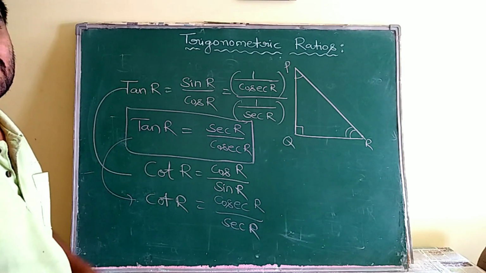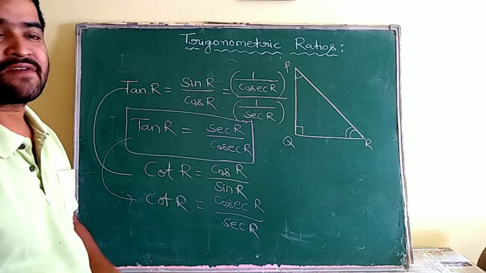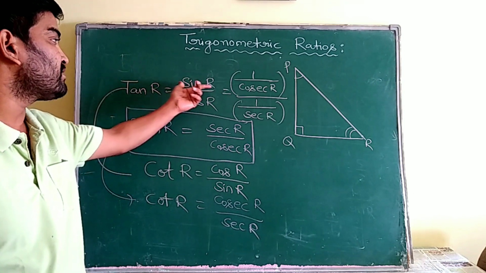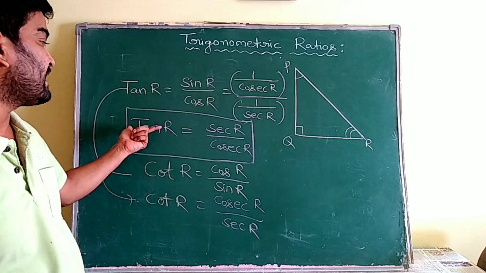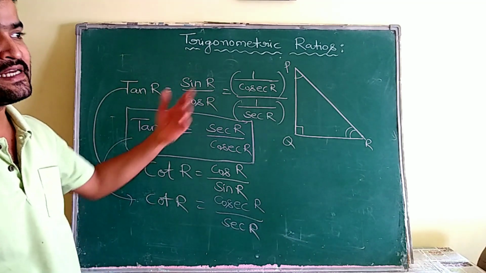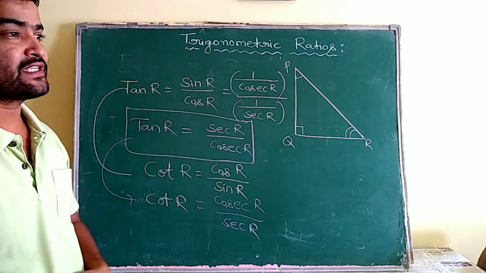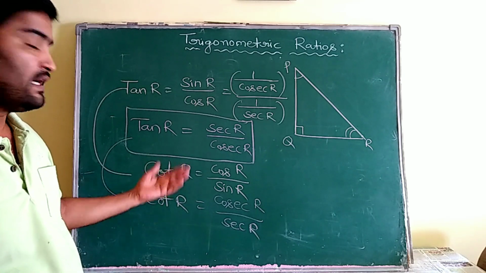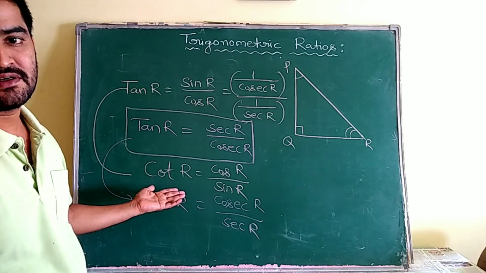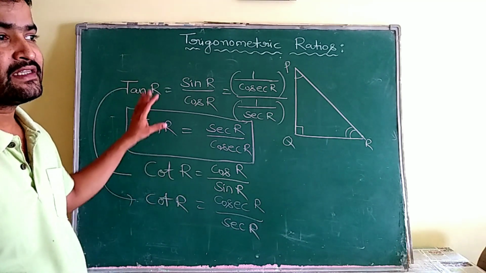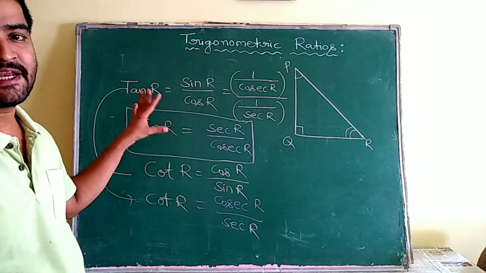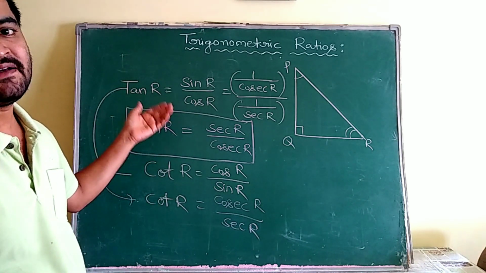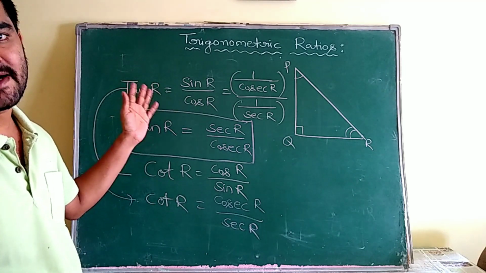Sometimes they may ask you to express tan in terms of sin and cos. So tan R is equal to sin R by cos R. And sometimes they may ask you to express tan R in terms of secant and cosecant. So secant R by cosecant R. Similarly, we write the values of cot. So these are the main observations we are going to remember from sin, cos, tan.